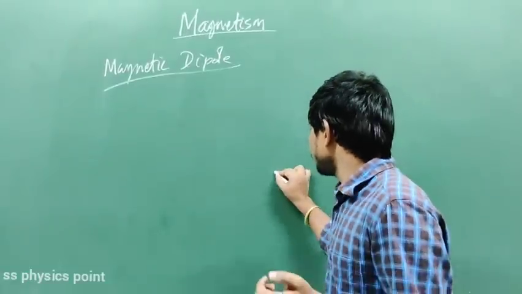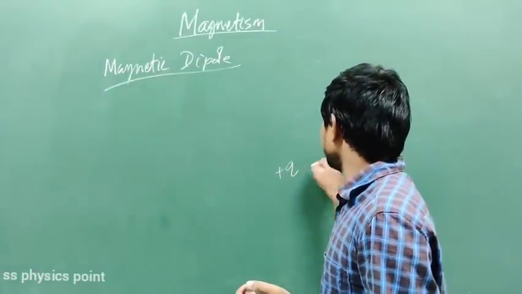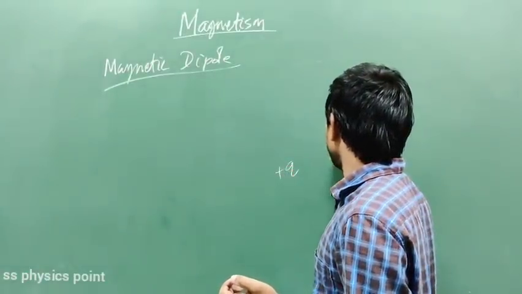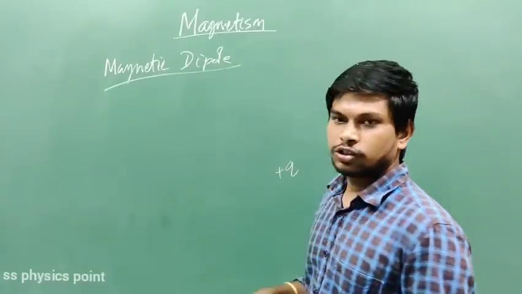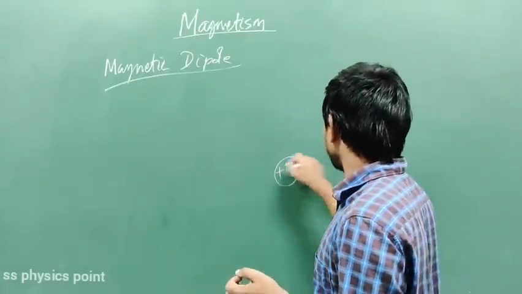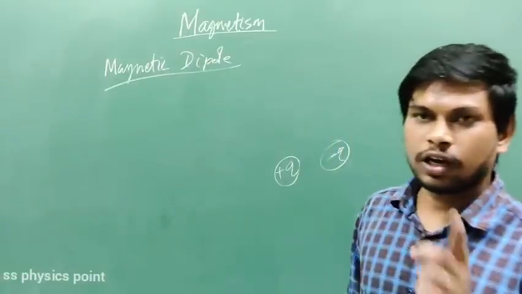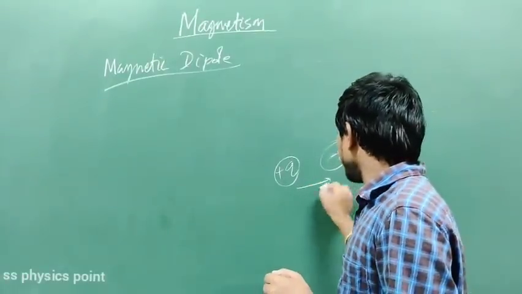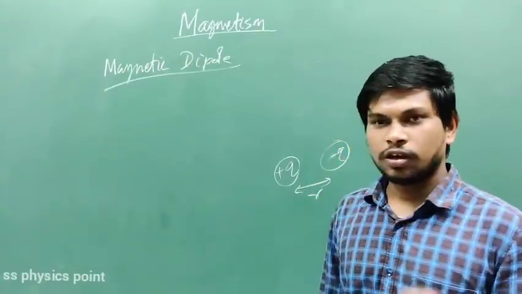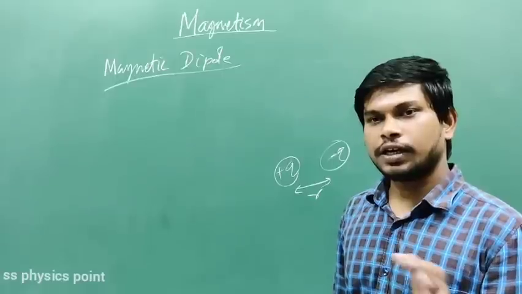There you have taken, मान लो plus Q, इधर क्या था minus Q. Two equal and opposite charges separated by a small distance constitute an electric dipole.